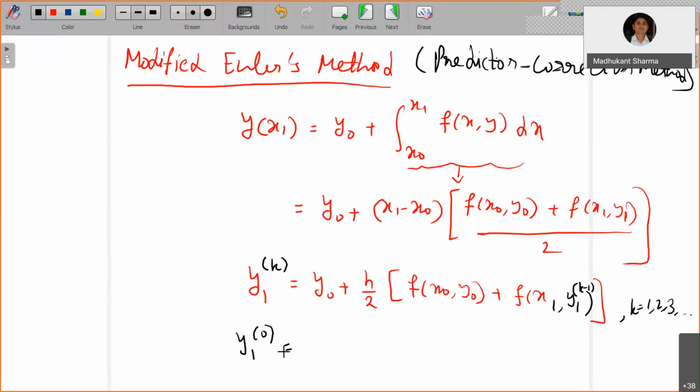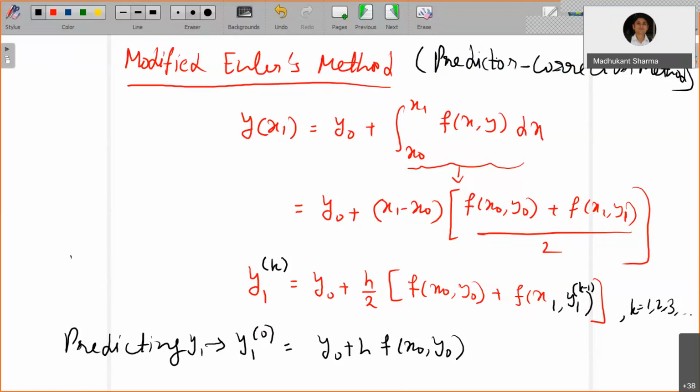So y1 0 is given by y0 plus h times f of x0 comma y0. This is the single step Euler's method, and that will give you the prediction. So this is predicting y1, and this is correcting y1, meaning it is improving the value of y1.